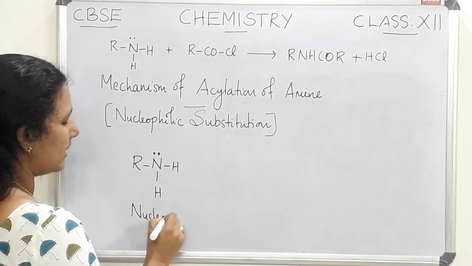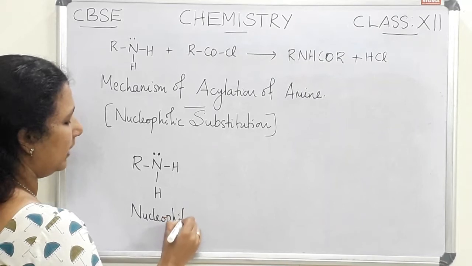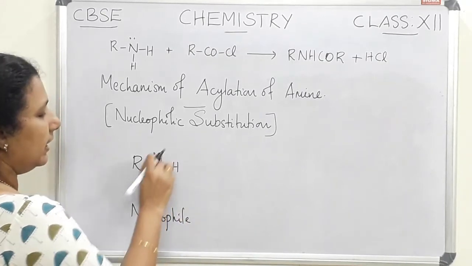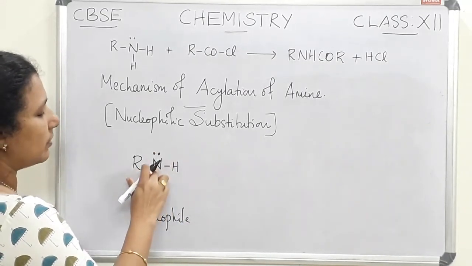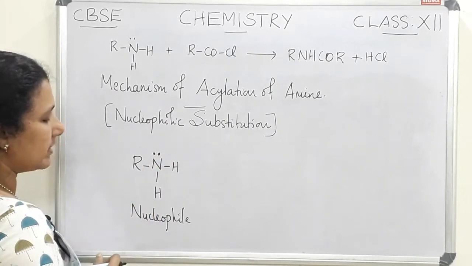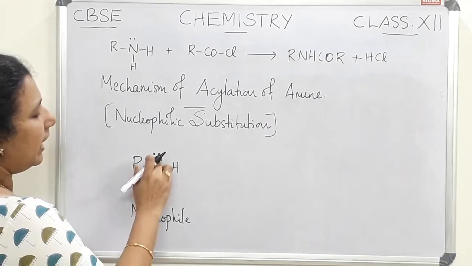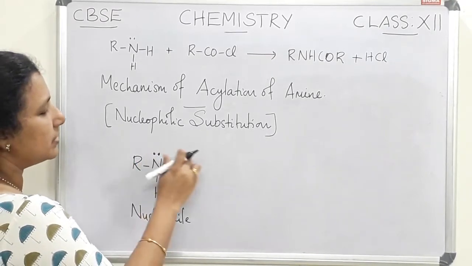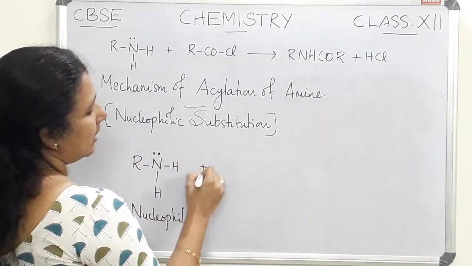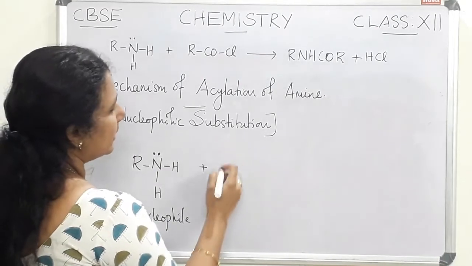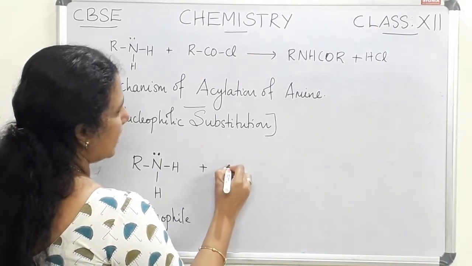So amine acts as a nucleophile since there are lone pairs of electrons on the nitrogen atom, and these electrons are donated to the next reagent, that is acyl chloride.